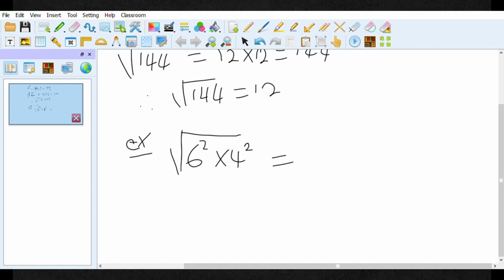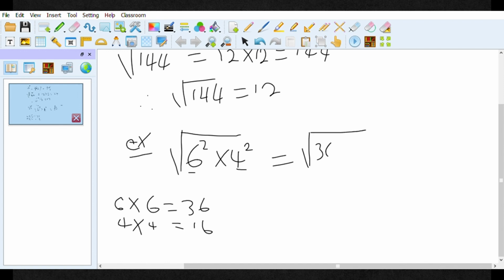We're going to take the squares first before we take the square root. We know that 6 squared, the 6 square on the left, is 6 times 6, which gives us 36. And this 4 squared is 4 multiplying itself, that will be 16. So the square root is actually saying the square root of 36 times 16.